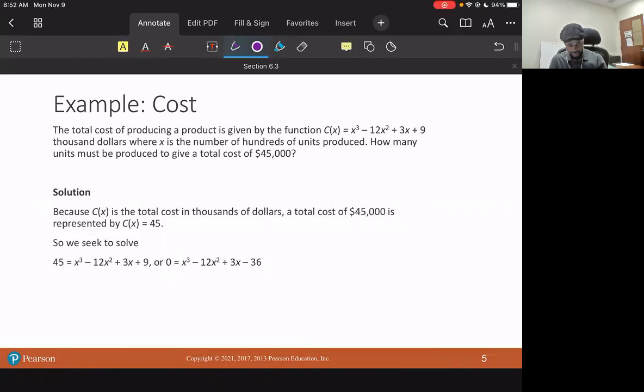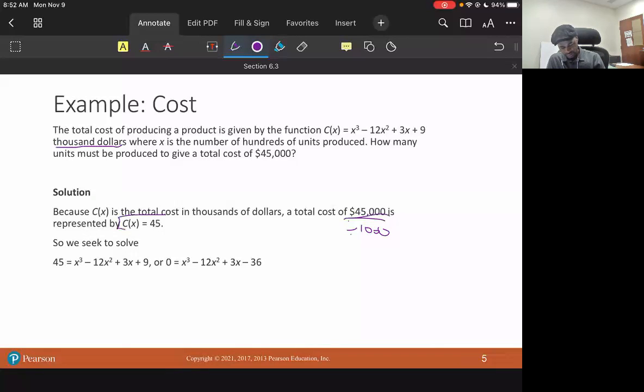First thing we have to look at: C of x is the total cost in thousands of dollars. So how many units must be produced to give a total cost of $45,000? We have to take that $45,000 and remember that's thousands of dollars, so we divide 45,000 by 1,000.